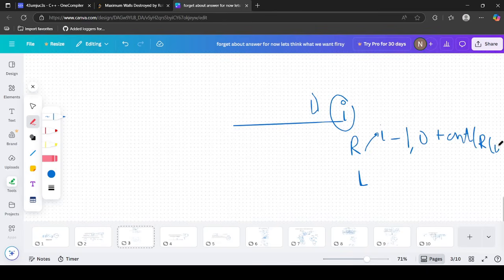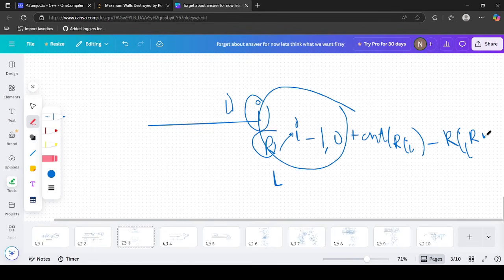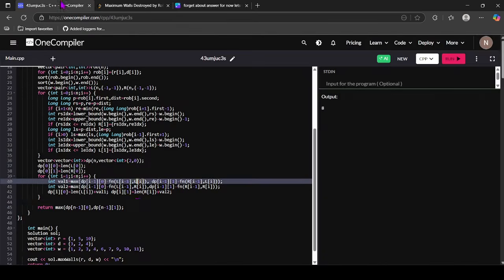Because we are assuming that we are firing right. So dp of I minus 1 plus count of R of I minus the overlapping between R of I and R of I minus 1, because we are assuming this is also right and the previous is also right. So count of the new one minus the overlapping of both rights. So this was exactly this.